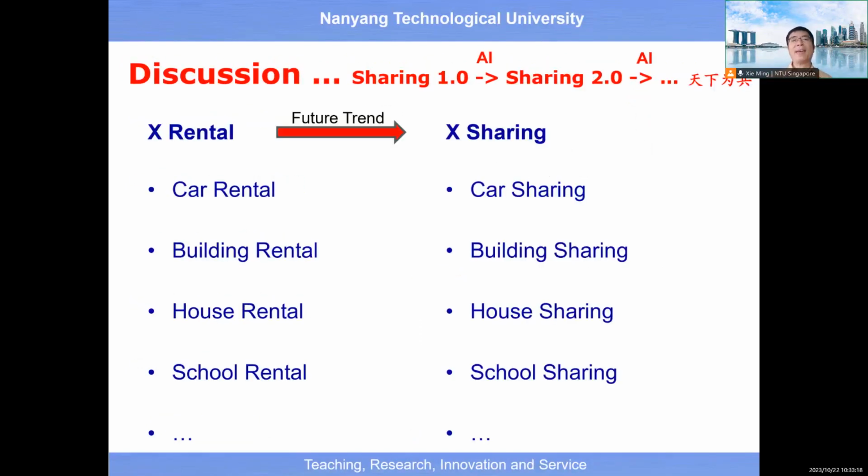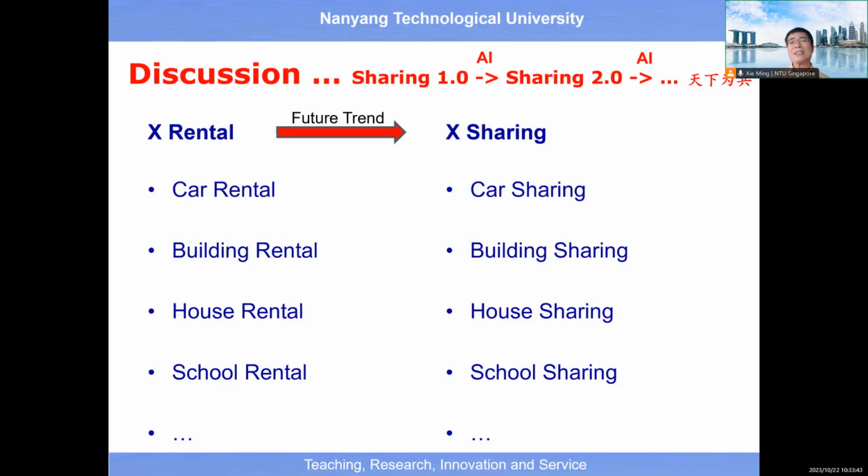Here we need to pay attention to the difference between rental and sharing. Everyone knows there is a car rental business model, and people also talk about the car sharing business model. We must pay attention to the difference, right?